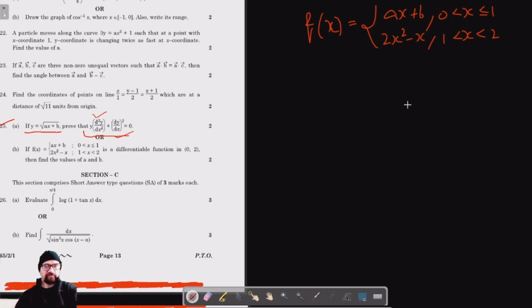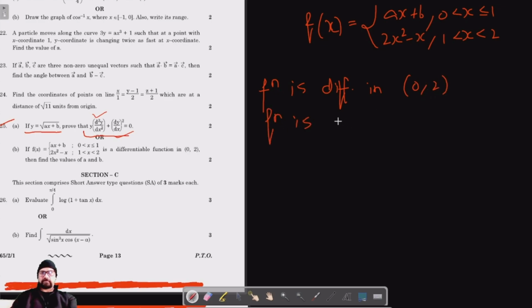Okay, now the function is differentiable in 0 to 2. So that means it's also continuous in 0 to 2. Given the function is differentiable in 0 to 2, that means the function is also differentiable at x is equal to 1.